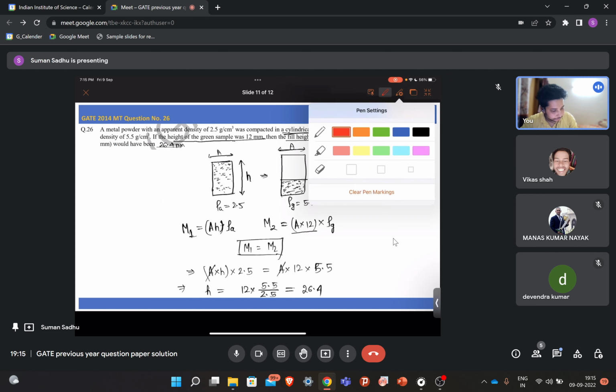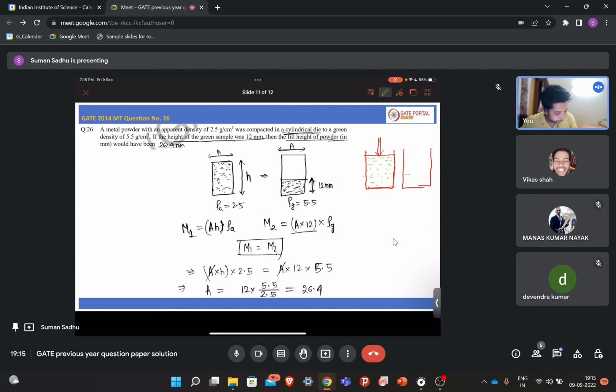You are pressing it and this level goes down to here. In a single die, a single cylinder, you are just compressing it. That means you are only changing the height. The area of this cylinder will be the same, no? You are compressing in a rigid die. You cannot compress a powder without putting it inside a die or something, right?